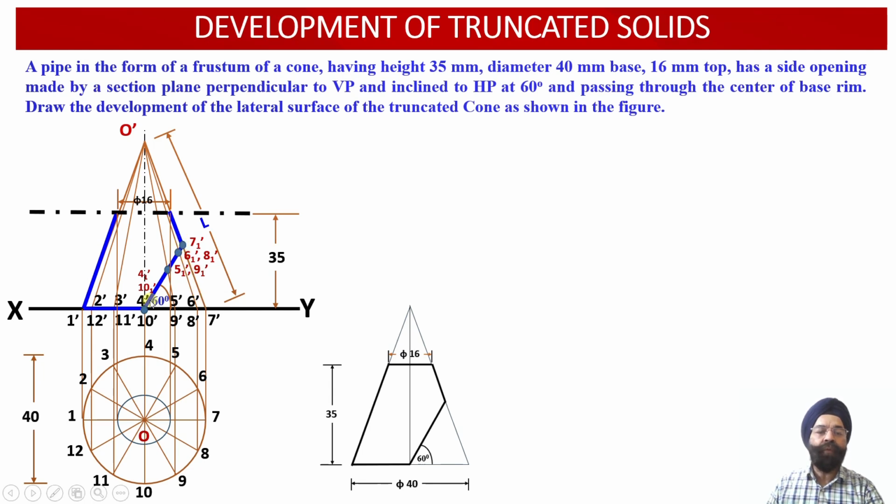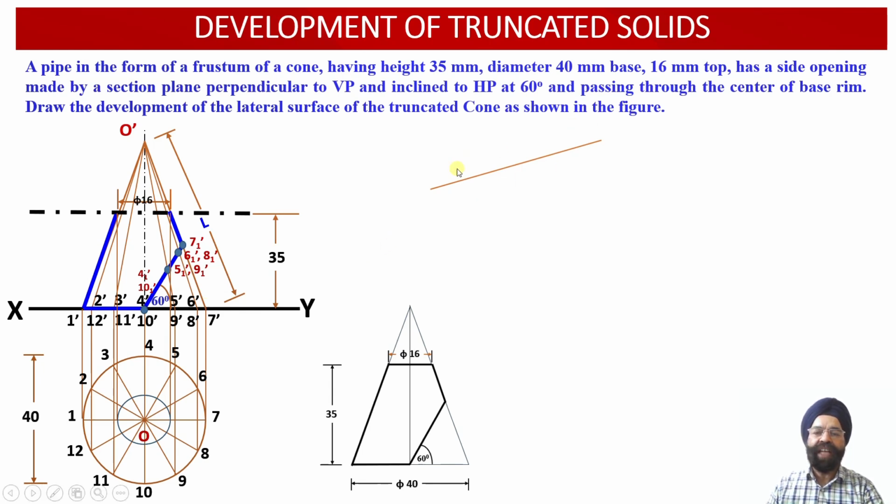Now that we have located these 7 points of intersection, let us proceed with the development of the lateral surface of the uncut cone. Here we have point O'. The slant generators O1' and O7' represent the true length of the slant generators of this particular cone.